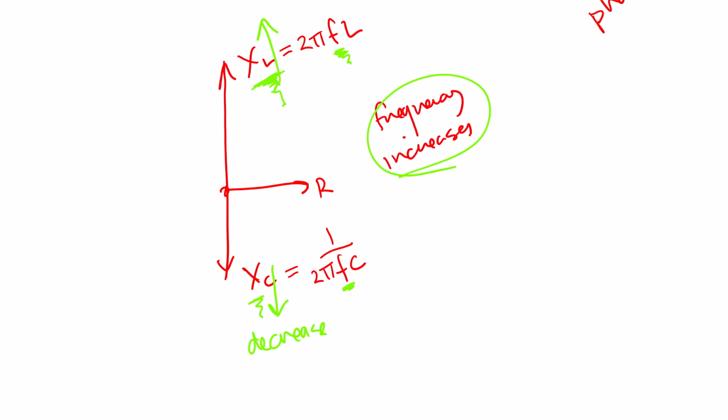And so when we add these two together, we might get a resultant reactance. Remember, these two are the reactances. But if we add these two together, we may get something which is positive or negative. So we may get something like this. Supposing the inductive reactance is smaller than the capacitive reactance, then we'll have to subtract this from this and end up with this.